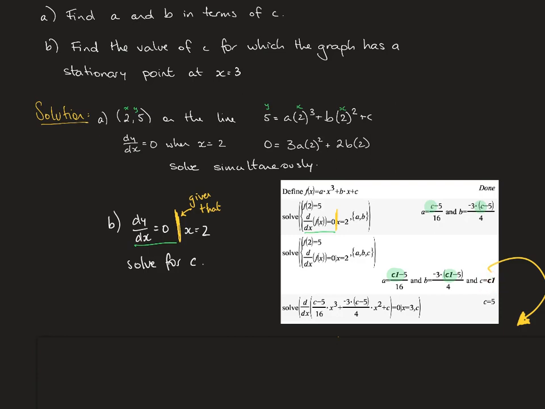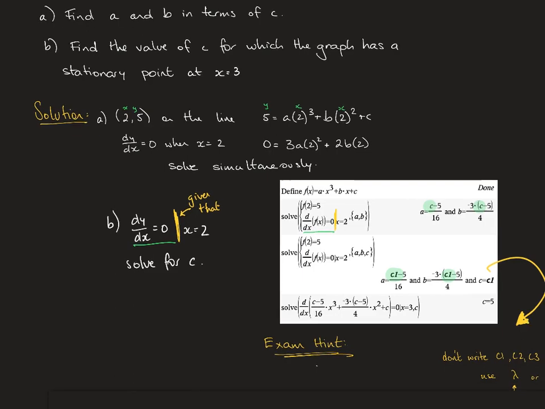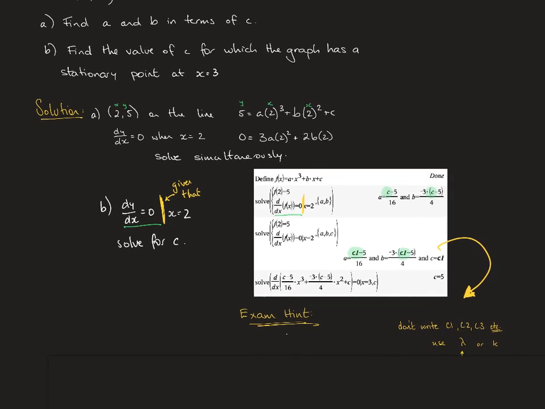Now, normal mathematical practice will tell you that you don't write c1, c2, c3. What you'll use is another variable, and normally you'll use something like lambda, this Greek letter lambda here, or you can use k or another variable. Okay, but don't use your constant ones.